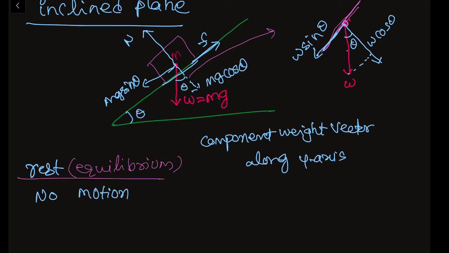No motion means the sum of the forces along the y direction and x direction is 0. So here we have to write the free body diagram equations.